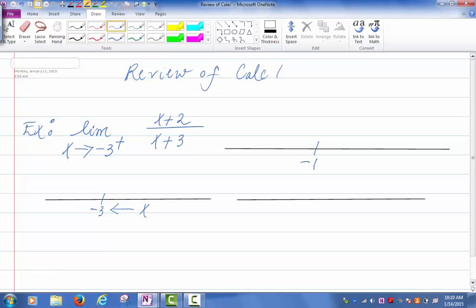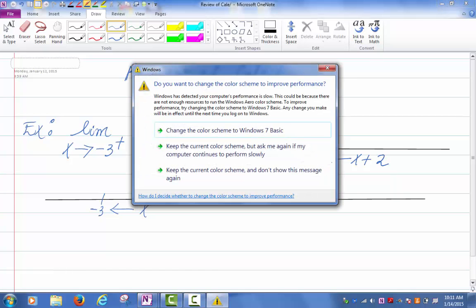So if I have -1 here, then x plus 2 is going to approach -1 like this. You agree with that? As x gets closer and closer to -3, x plus 2 is going to get closer and closer to -1, right? Everybody's okay?